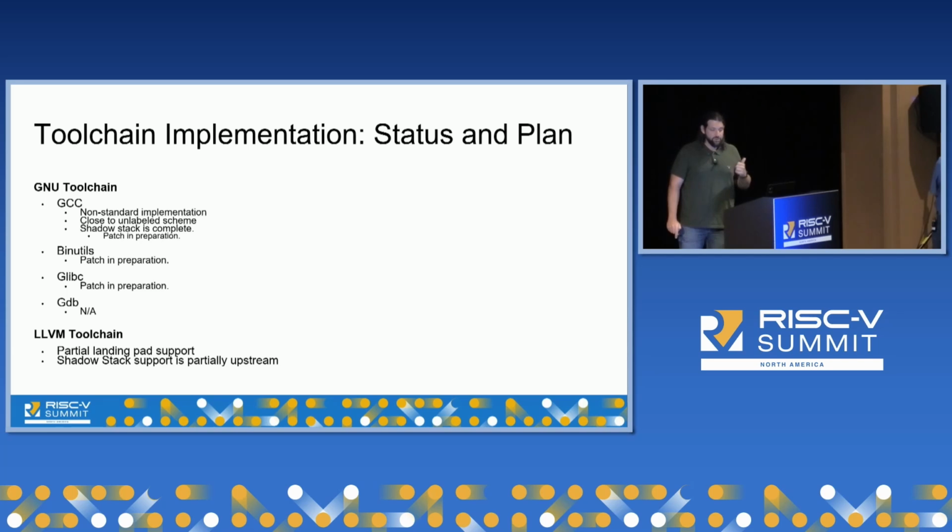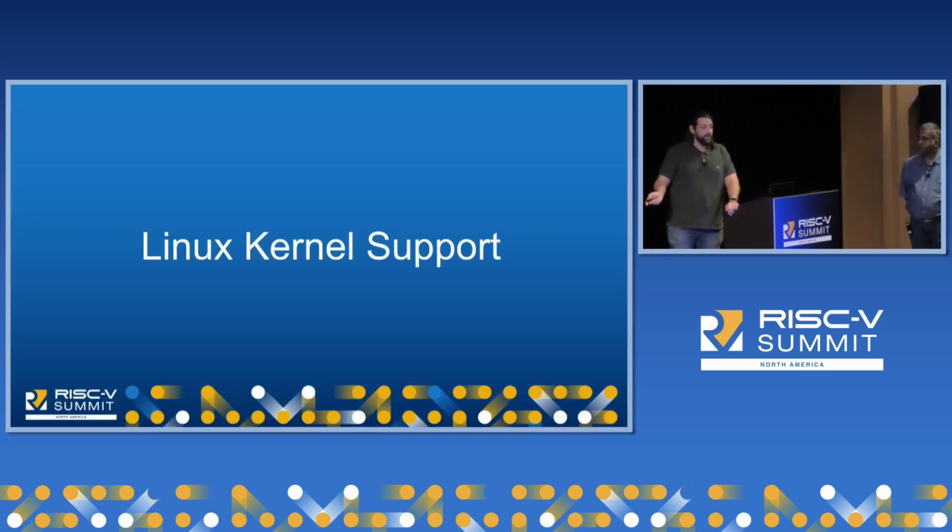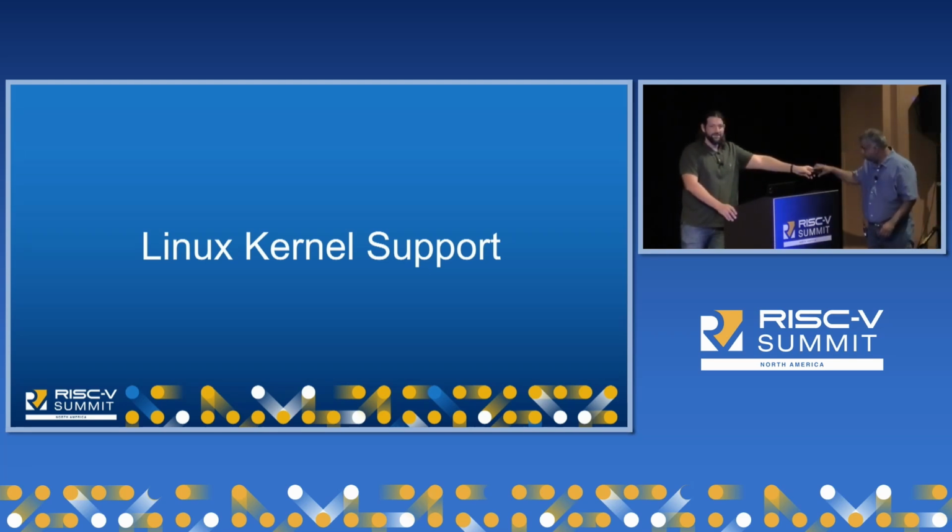For binutils, there is a patch in preparation, as with glibc. There is no effort so far with GDB. And for LLVM, there is partial landing pad support, and there is a partial upstream version of shadow stack support for LLVM. And now we will move back to Ved for the Linux kernel support.